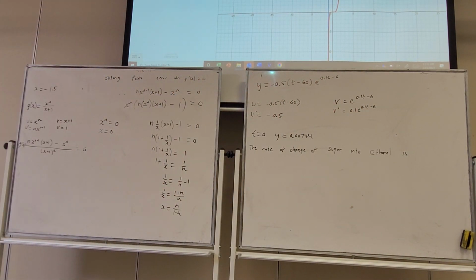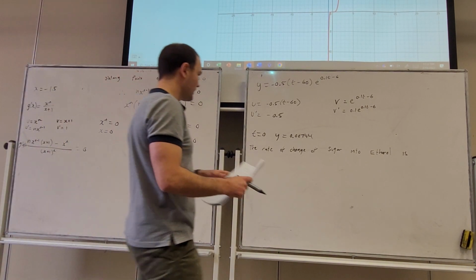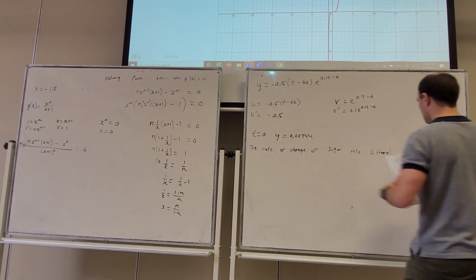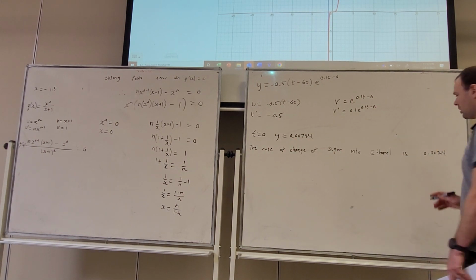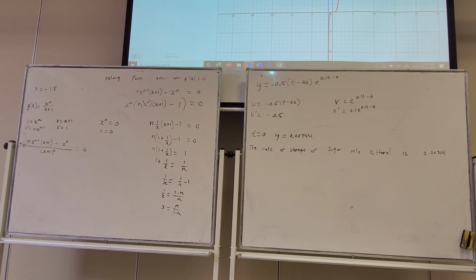The rate of change of sugar into ethanol is, this is our value, 0.00744. What's the unit on the y-axis? Percent. A is a percentage, 0.00744% per period of time. What's our period of time? Hours.